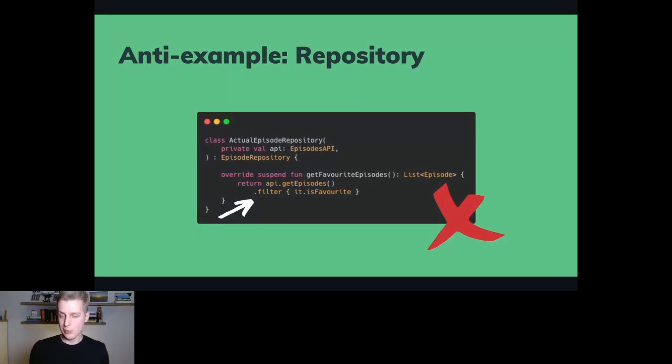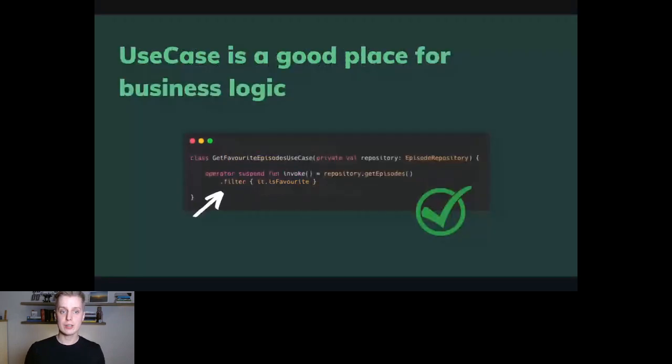So the one and only good answer is, of course, the domain layer, and to be more precise, the use case. A use case is designed to execute, to hold, to handle business cases, business logic.